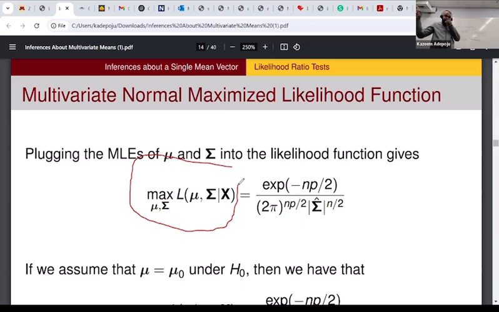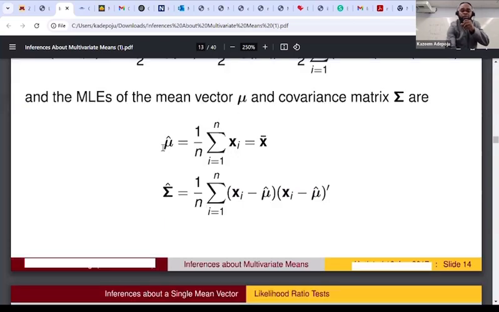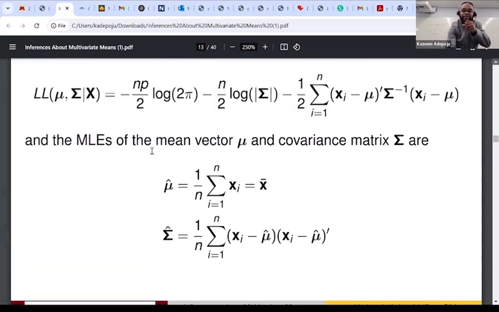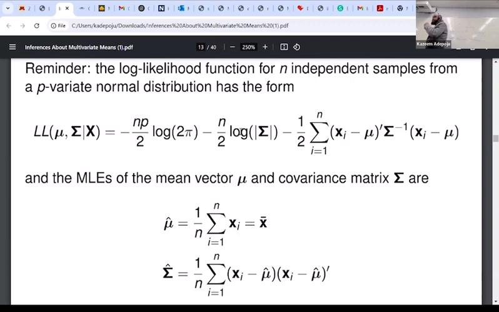Now, pay attention. It's mathematical. Wherever I see mu in this log likelihood function, I want to plug in the sample mean, X bar.